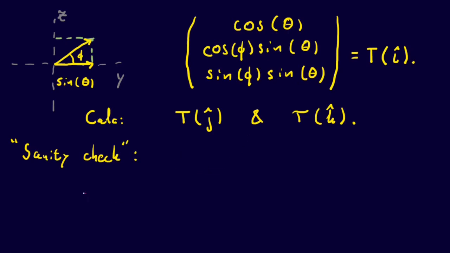So to give us a little bit of confidence that our calculation here made sense, we can calculate, say, the length squared of this vector, which will be the x component squared plus the y component squared plus the z component squared.